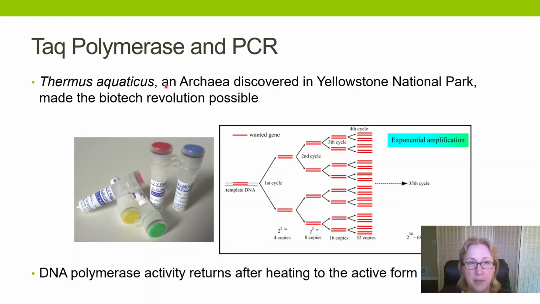Anytime you hear PCR, they're using Taq polymerase. There's another polymerase they use now too from a different organism, but Taq polymerase is still the one that's mostly used, and it allows for amplification of small segments of DNA or RNA, so we can make millions of copies of them so we can study them.